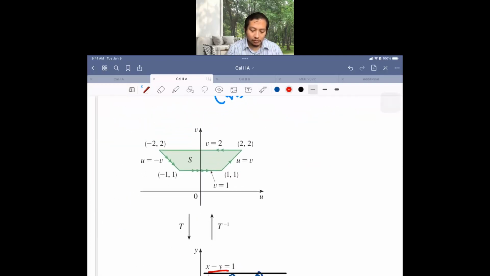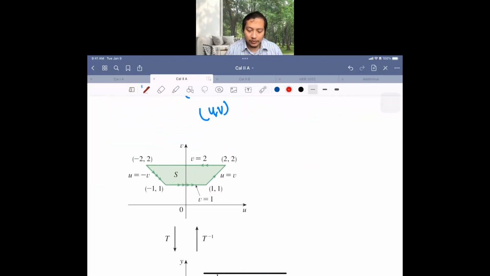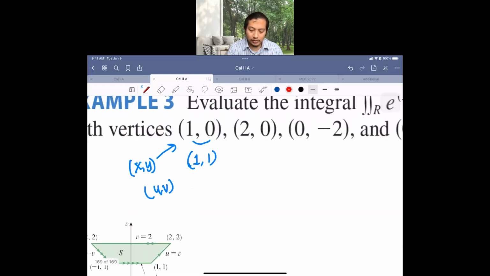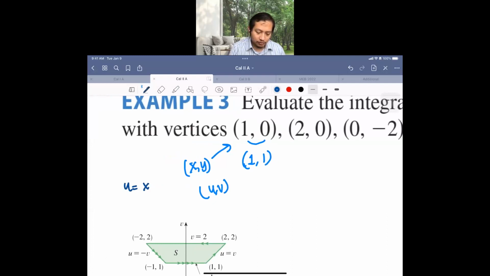And then we take our new vertices, where u is x plus y. Let me write here: u is x plus y and v is x minus y.